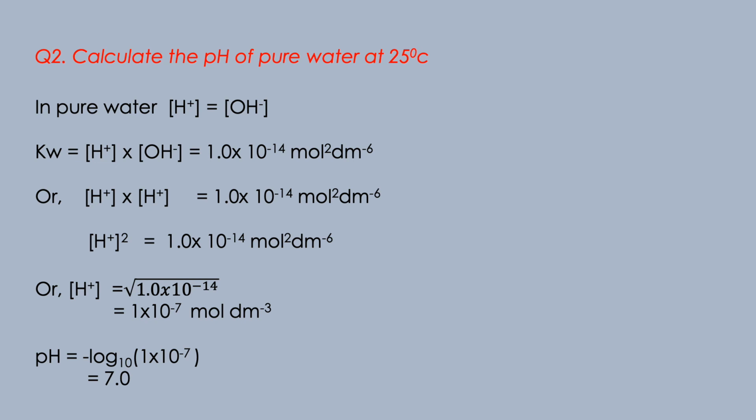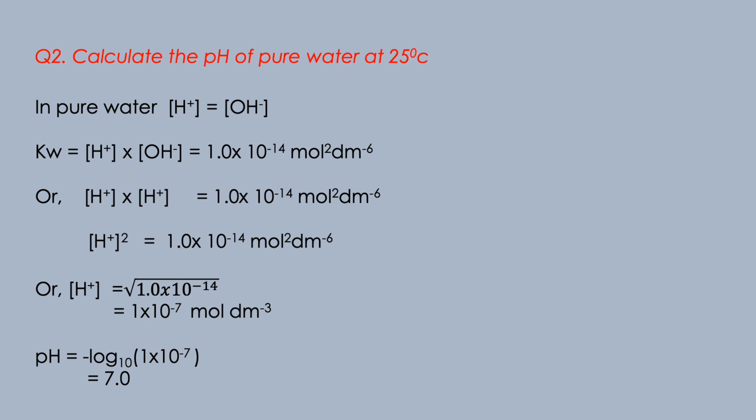Substituting OH- as H+ because their concentrations are the same, we can write H+ ion concentration times H+ ion concentration is equal to 1 x 10^-14, or H+ ion concentration squared is equal to 1 x 10^-14.